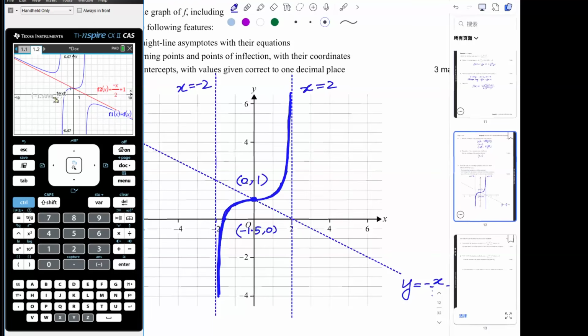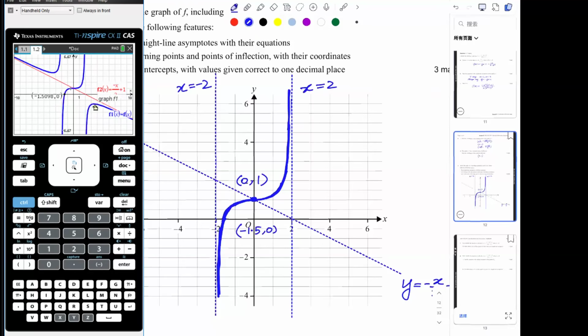Okay, try not to touch the asymptote, right? And also, you will need to draw the two branches. Actually, I'll just tidy that up a little bit. Okay, something like that, right?